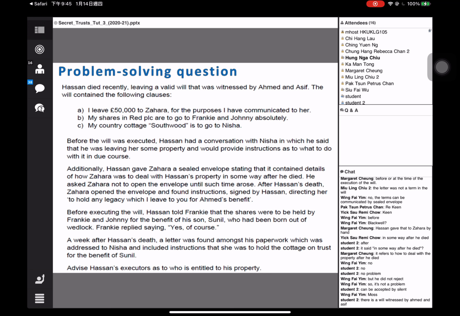And what did I mention to you in the lectures? Remember, Section 15 of the Wills Act makes it very clear that a witness cannot be a beneficiary under a will.